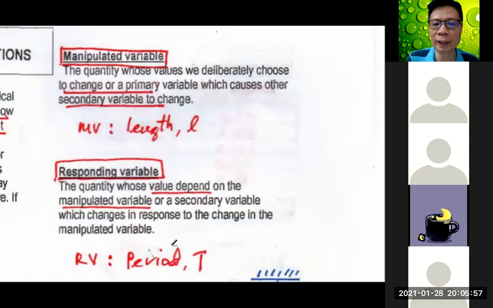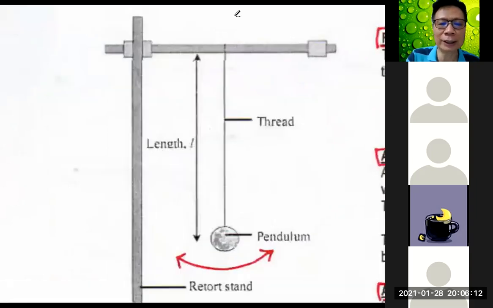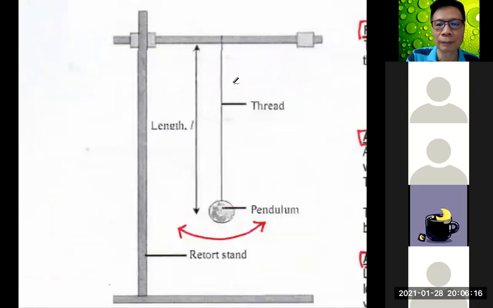Now when we talk about periods, I want to ask you. When you are doing this experiment, how do you measure the period? If you are given this setting and asked to do this experiment, the question asks you to measure the periods of oscillation when the thread is 40 cm.